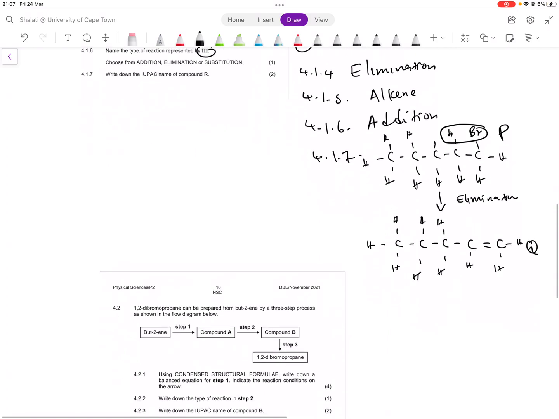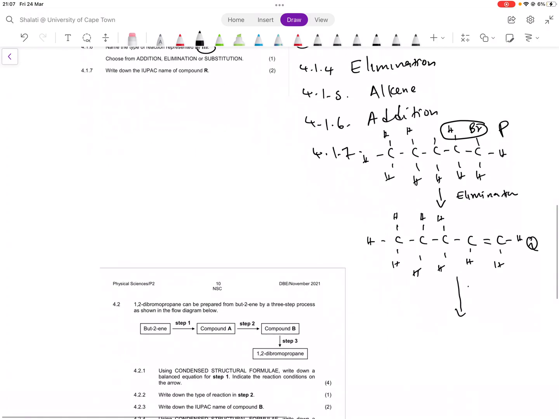So from compound Q, addition reaction, we are adding HBr. And remember, the hydrogen will go where there is the most number of hydrogens, and the Br will go on the other carbon. So here it means you have 5 carbons. So at number 2, I have this hydrogen and the other hydrogen, which is just added now.